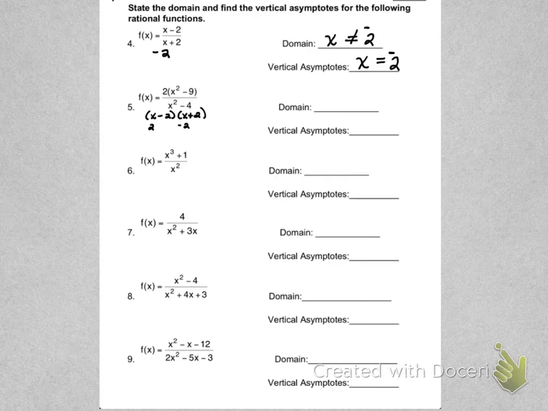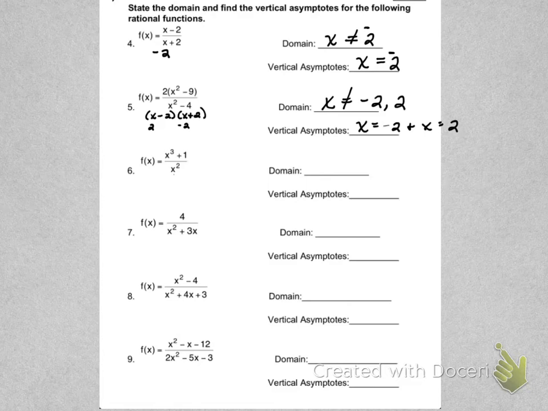So in this case, there's two values that cannot be in the domain. X can't be -2 or 2. Okay, so the vertical asymptotes are at x equals -2 and x equals 2.